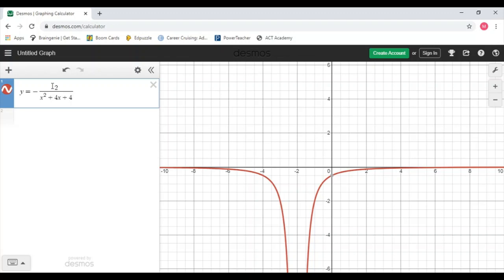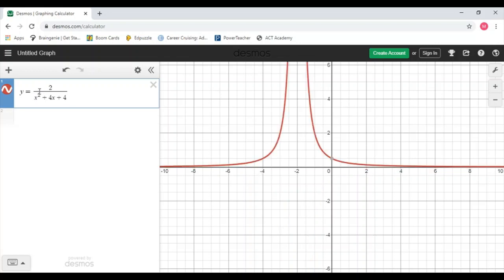Something concerns me that this is upside down, and that would trigger a reflection to me. If we go look at Desmos, I typed it in wrong. So let's take that negative out. And now that looks more like what we are expecting to see. Do notice that -2 was your vertical asymptote, and it is a reflection, or symmetric, like we hypothesized.